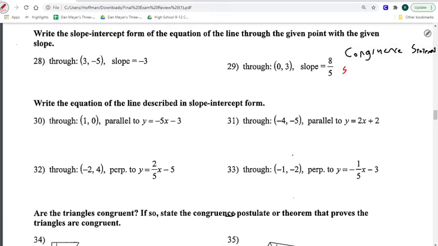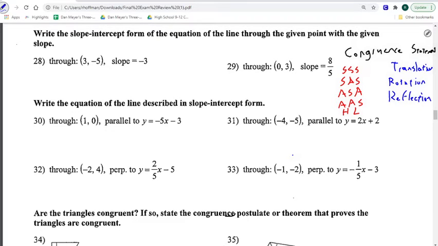You should know all the different ways that we have to prove the triangles congruent and how to tell them apart. And you should know transformations. So whether something is a translation, which is shifting, a rotation, which is turning, or a reflection, which is flipping.